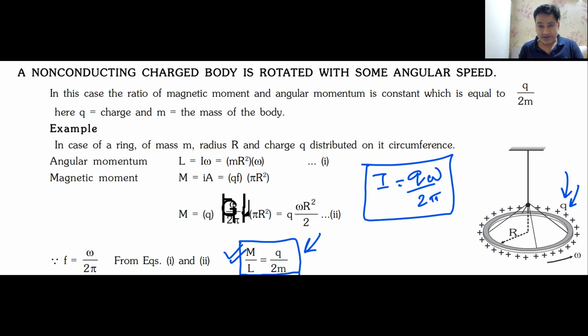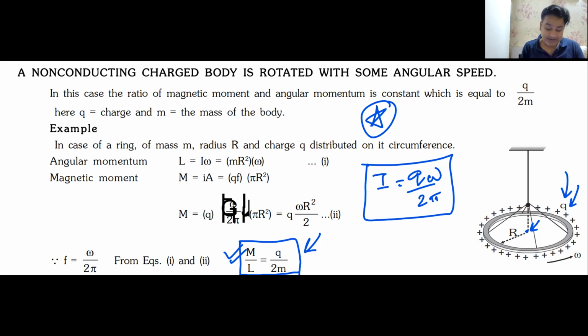Now remember, and mark it as a very, very important concept. Now they could ask you, what is the magnetic field created at the center of this loop or the center of this ring? Now, how do you do this? Remember, you know that this ring is acting like a current carrying wire. So now it's a circular current carrying wire, and you know the formula for magnetic field at the center of the loop.